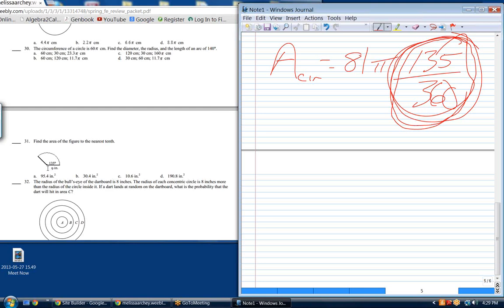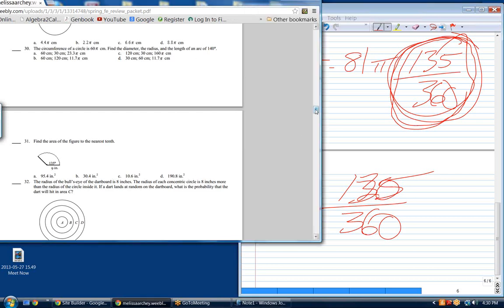When I say about, if it was 120 divided by 360, that would be exactly a third. 135 divided by 360 is a little bit more than a third. But that's the way you want to look at these problems. These problems are always, well, what percentage of the full circle is that? What percentage of the full circle is that arc of 140?